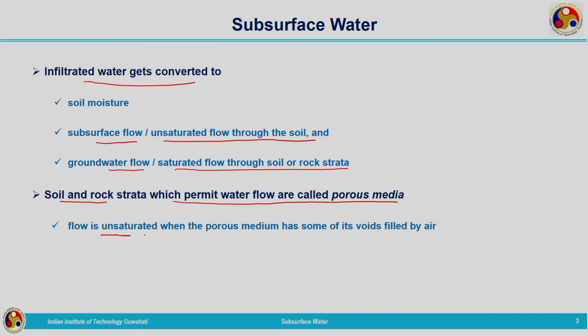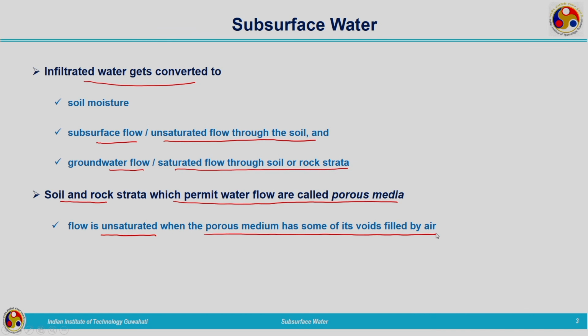Flow is unsaturated when the porous medium has some of its voids filled with air. Imagine a soil which has some voids in it. If the voids are filled with air and water both, then it is termed as unsaturated flow, and if all the voids are filled with water, the flow is saturated.